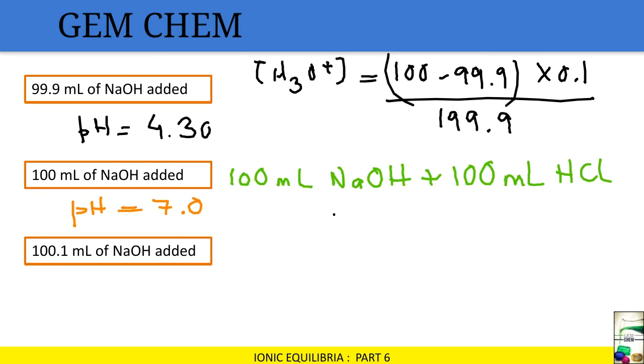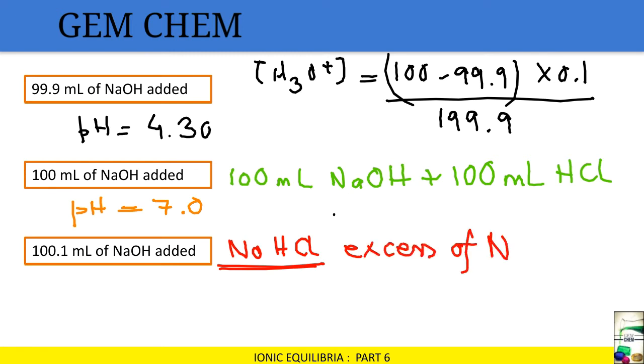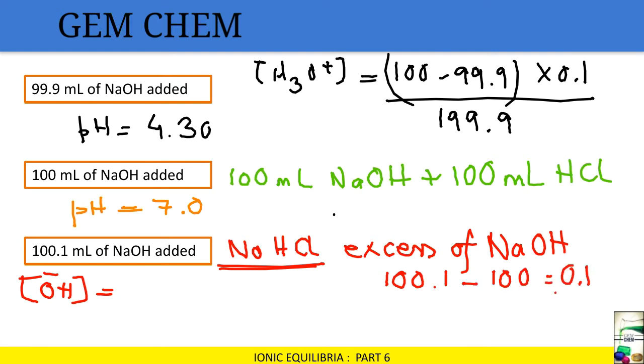Now we will go for 100.1 ml. Now there is no HCl in solution and there is excess of NaOH, that is, excess of base. So we will consider the OH- concentration now. The excess base present is 100.1 minus 100, that is 0.1 ml of excess base, right?